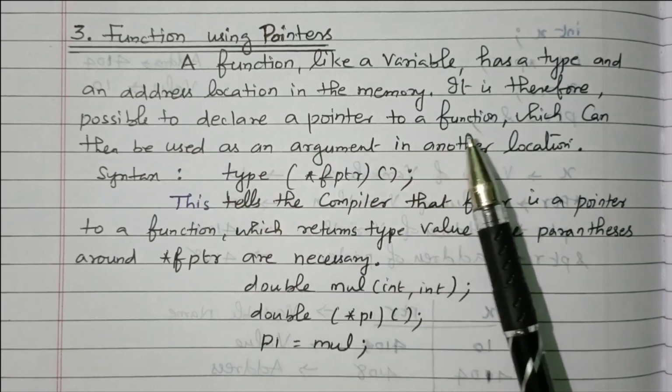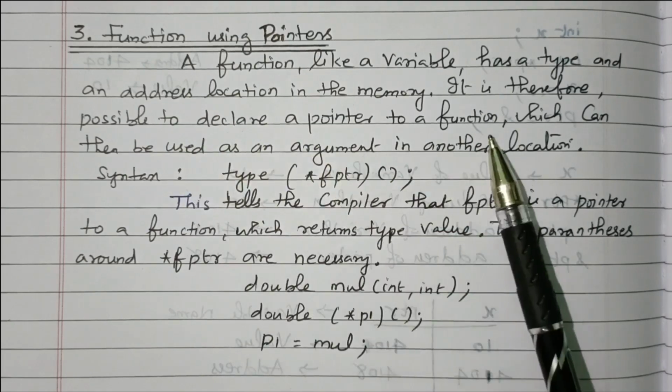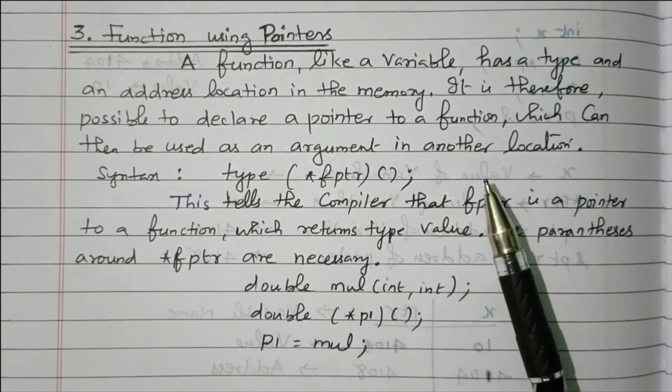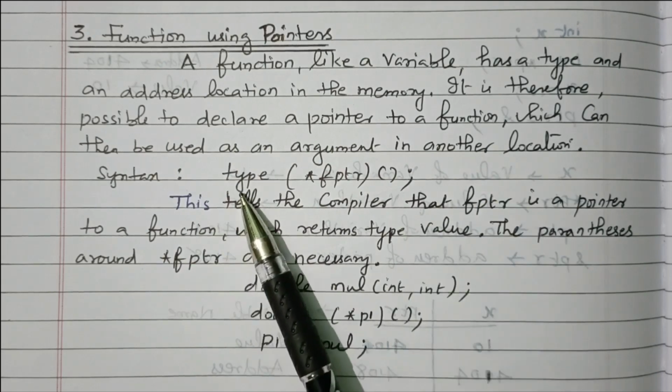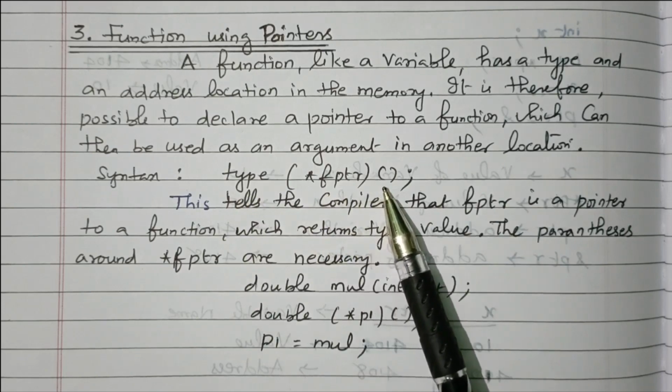These are all available under function, right? So what is given here in the pointer? If we declare a pointer to a function, it can be used as an argument in another location, right? Another location: function calling, function return, we can use that pointer. The type (*fptr)().